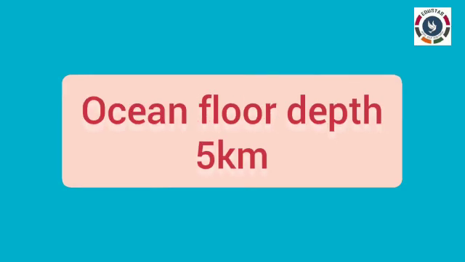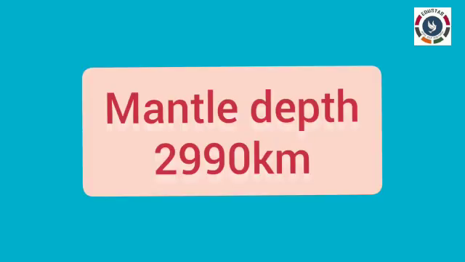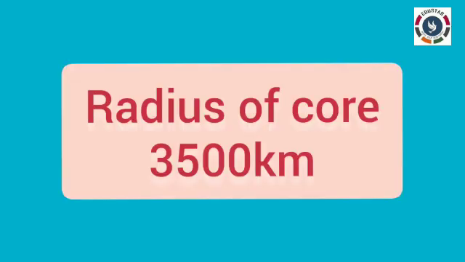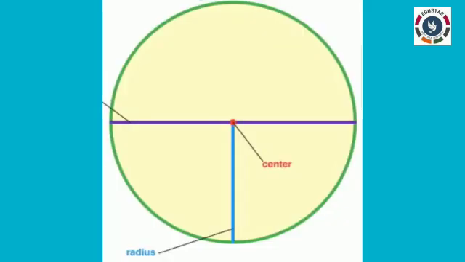The ocean floor is 5 km, the mantle layer depth is 2990 km, and the radius of the core is 3500 km. So, if a 6,000 km deep hole is dug, then through that we can reach the center of the earth.